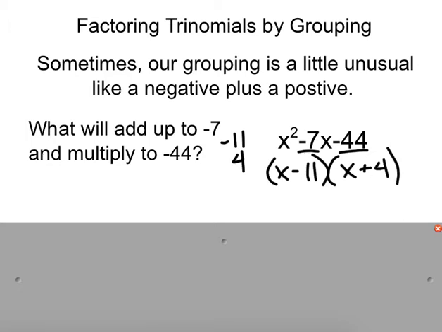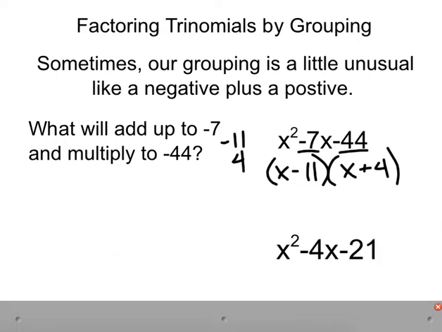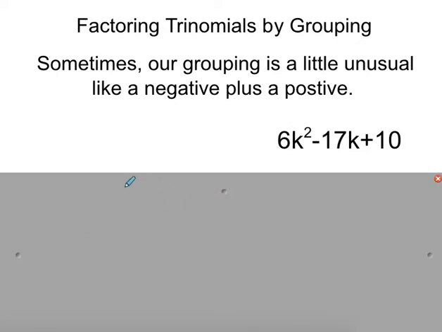Now, if we have a more complex trinomial, like 6k squared minus 17k plus 10, we want to do the same thing, okay, but it just gets slightly more complex. We say a times c, which is 6 times 10, so 60, and a sum of b, so negative 17.